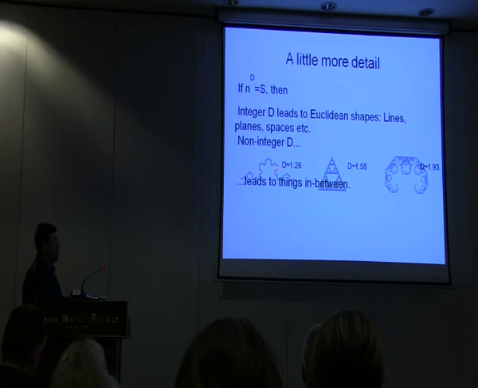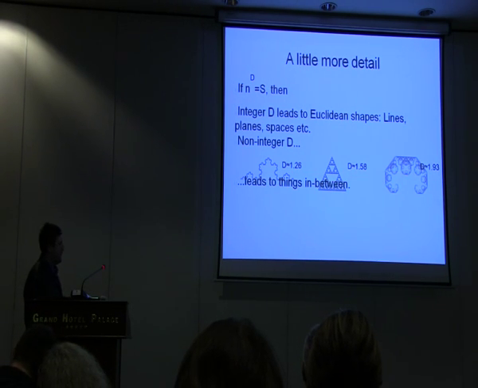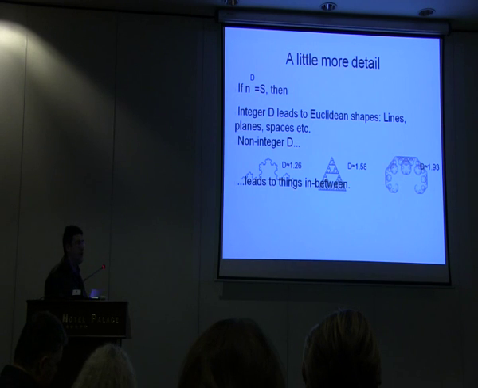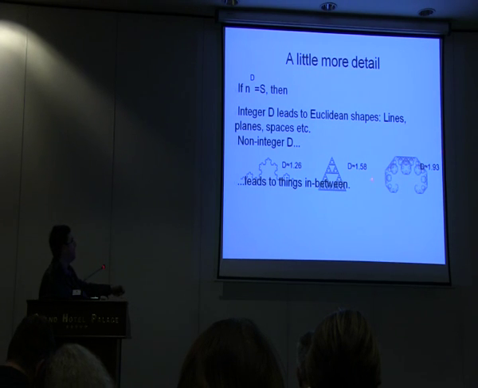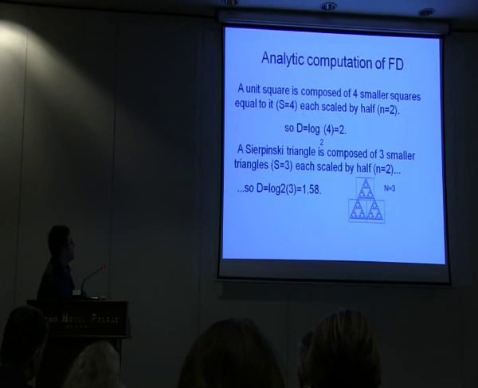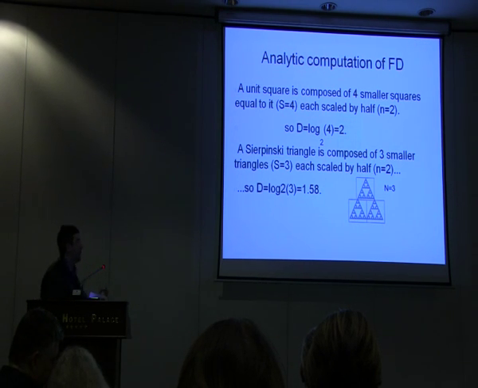We can use some shapes whose fractal dimension can be computed analytically to illustrate that as it's smaller, it tends to look like a line, and as it's larger, it tends to look more like a plane. To compute the fractal dimension of a shape analytically, we need to identify it as being composed of smaller subsets, each of which is identical to each other and to the original set.